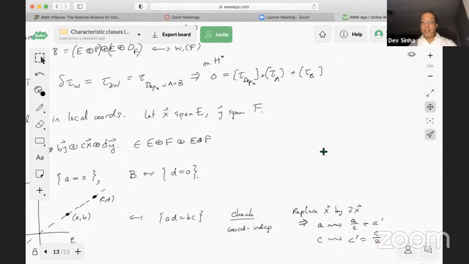Because AD equals BC, under this change of coordinates I see that A prime D equals BC prime, because both sides are over 2. A similar check works if I replace y by some scalar multiple.